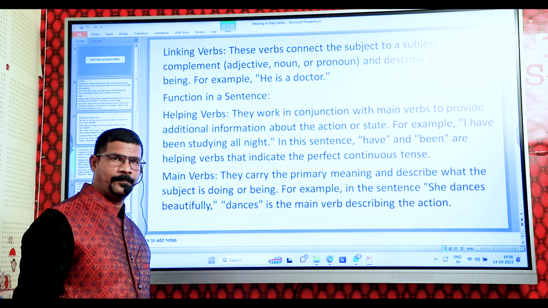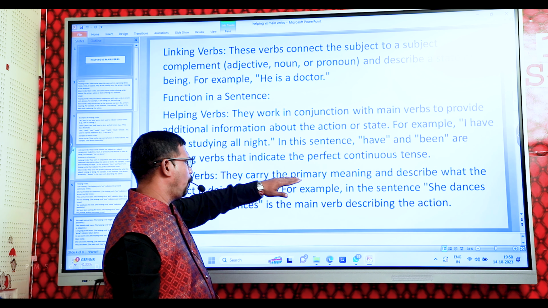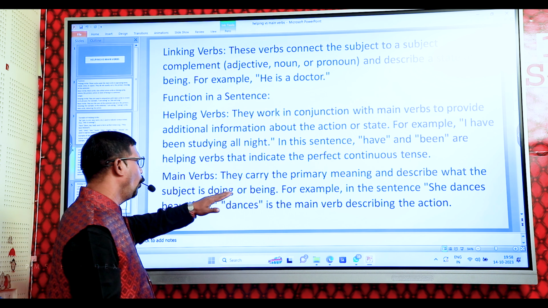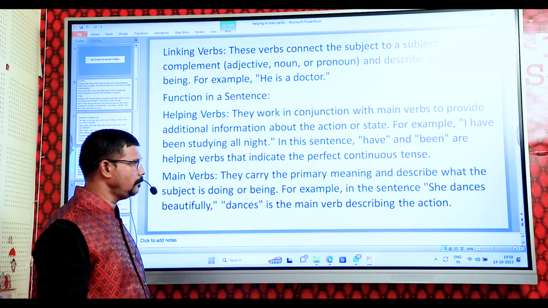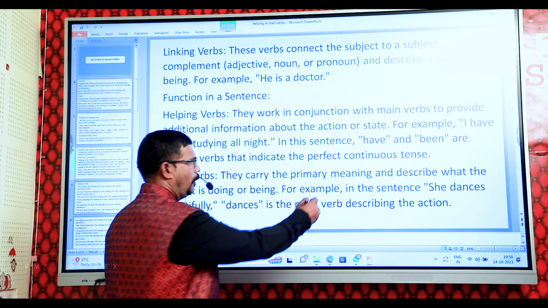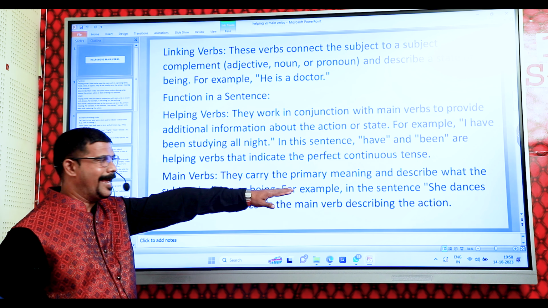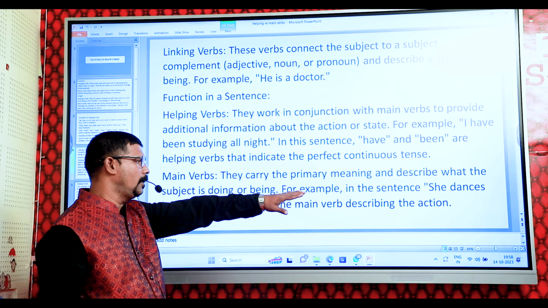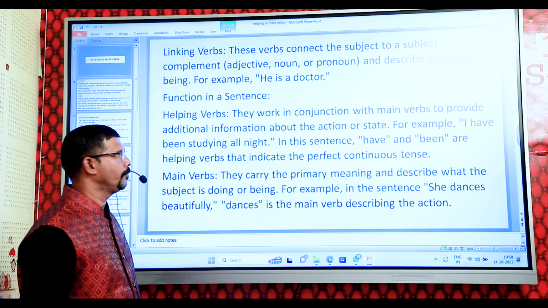Main verbs carry the primary meaning and describe what the subject is doing or being. For example, in the sentence, she dances beautifully, dances is the main verb describing the action.